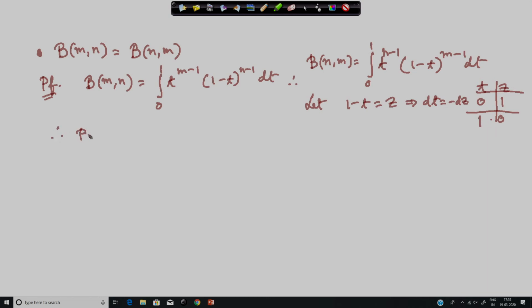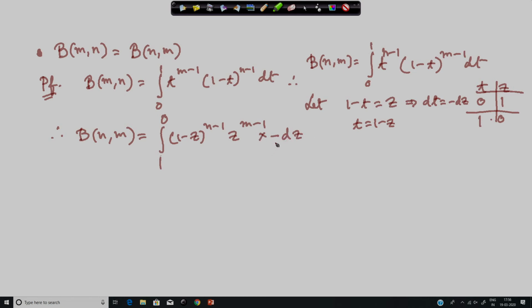Therefore, beta n m is the integral with lower limit 1 and upper limit 0, and t to the power n minus 1, where t is 1 minus z, so (1 minus z) to the power n minus 1, and 1 minus t is z, so z to the power m minus 1, and dt is minus dz.